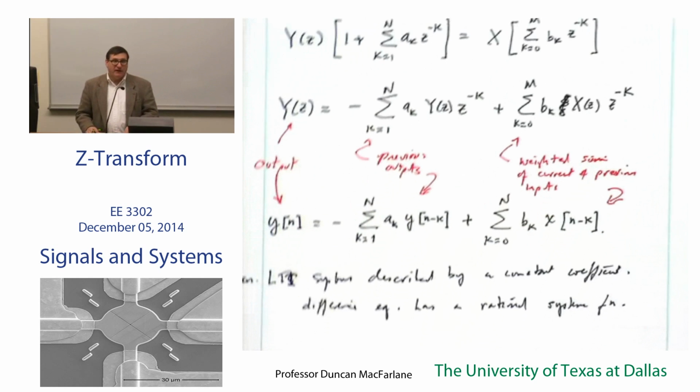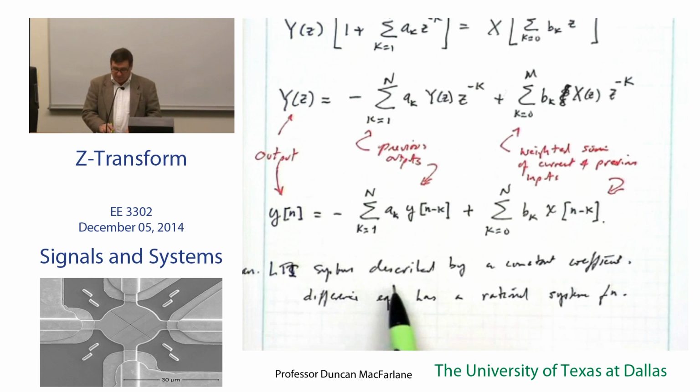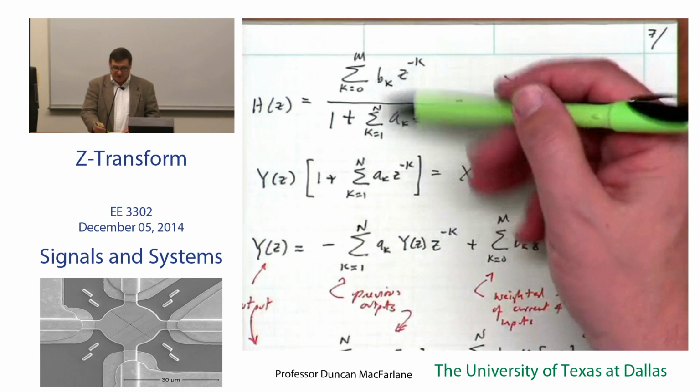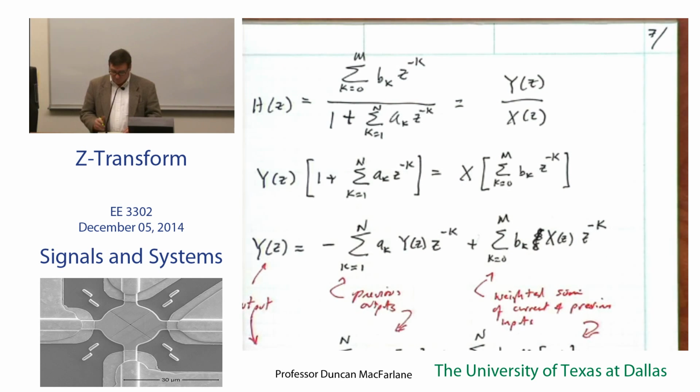If I have an LTI system, and it's described by constant coefficient difference equations, then it has a rational system function, H of z, written as a ratio of two polynomials.